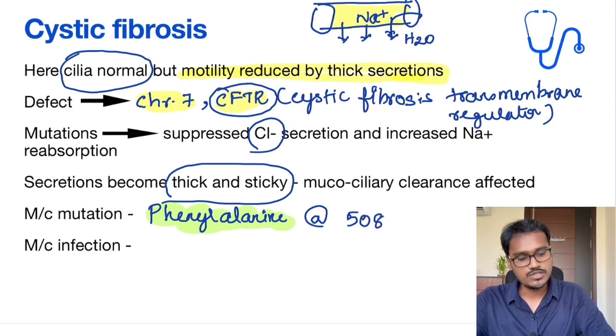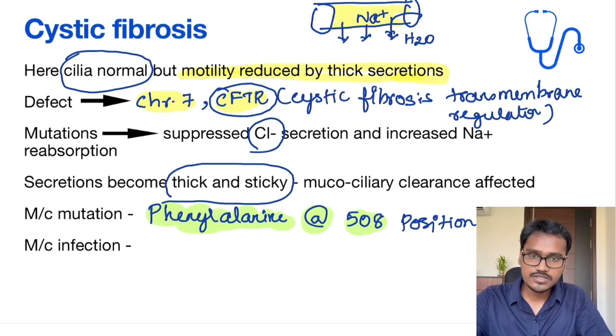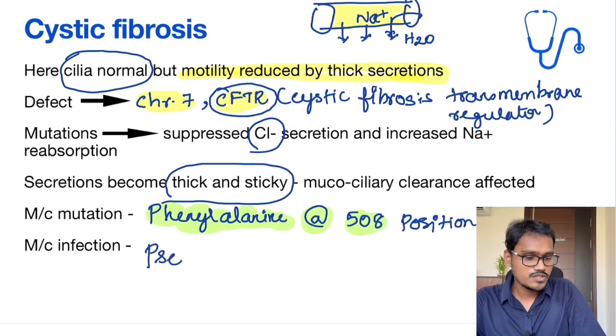So we have to remember both these things, phenylalanine at position 508. Both are important. And what is the most common infection in cystic fibrosis? Whenever a person is affected by cystic fibrosis, mucociliary clearance is affected, and it will lead to an infection with Pseudomonas aeruginosa.